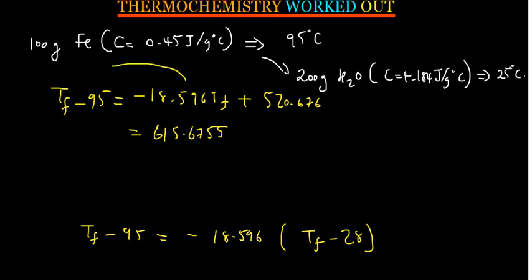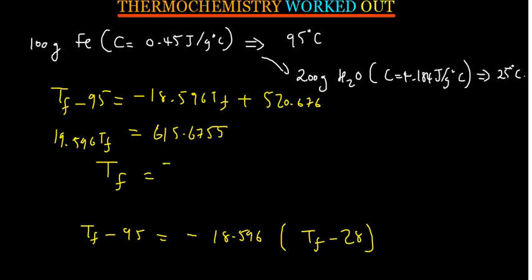Then if this value goes inside, T final plus 18.596 T final, that is going to be 19.596 T final. So to remain with the final temperature, divide the 615.676 by 19.596, if you round off.